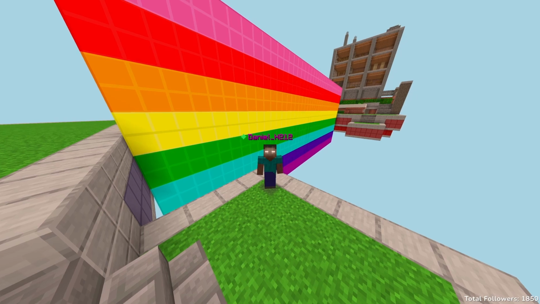But yeah, this flag had 8 stripes, and that was perfect because the bridge in Hypixel Bridge has 16 blocks, which isn't divisible by 6, which is the number of stripes used by the most common modern versions of the flag.